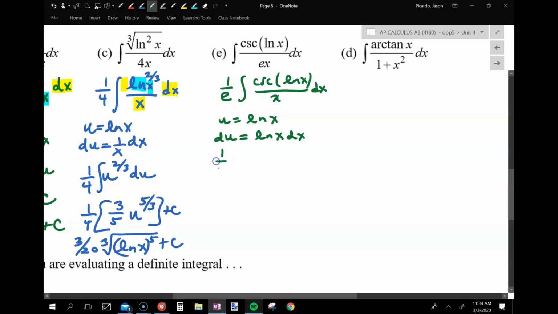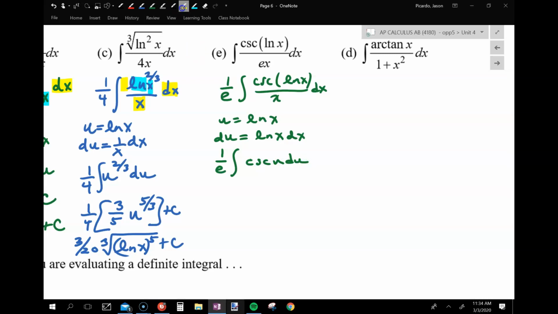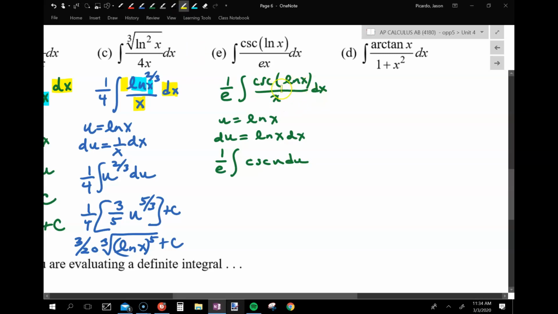All right, so I have 1 over e cosecant of u du. And again, just to make sure you guys all see it, here's my 1 over x with the dx, right?